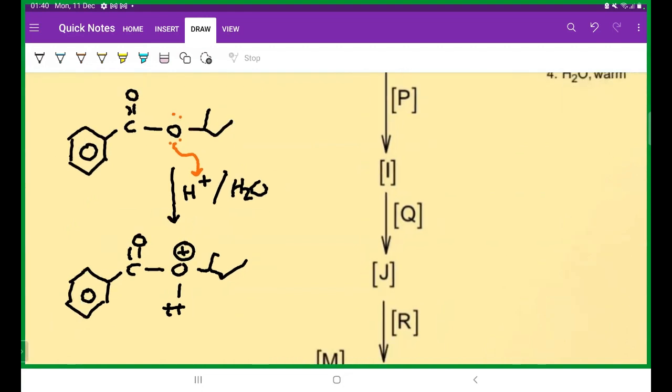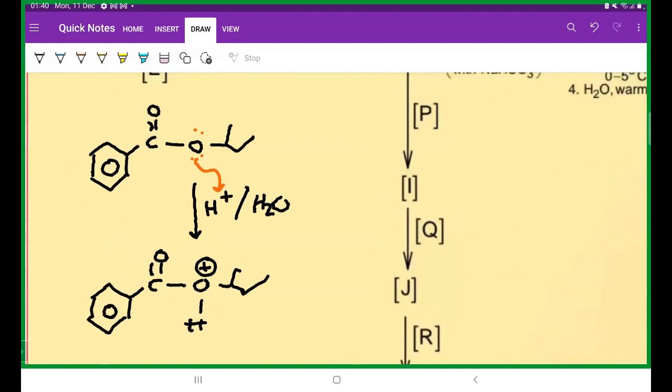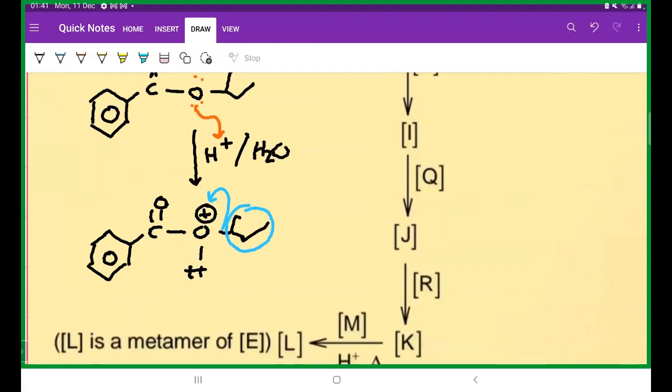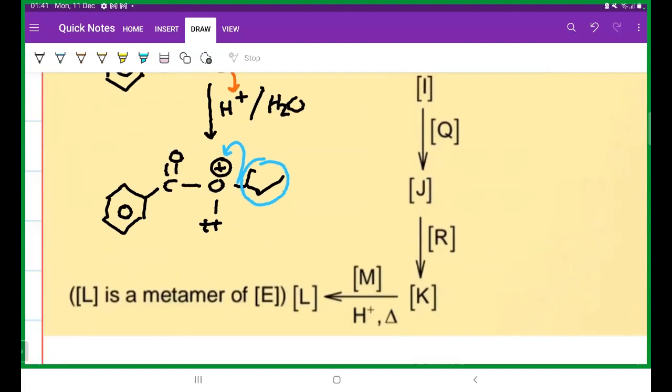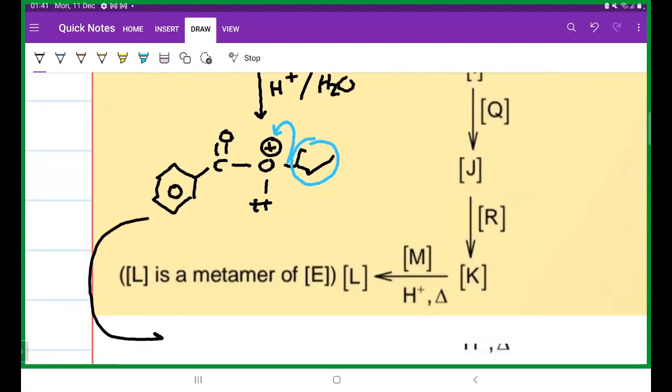So we have this positively charged O over there, which, as you might know, is not very stable. What will happen now is that this is a decent leaving group. So this bond here will break, and this will lead to the formation of, let me just draw this outside.